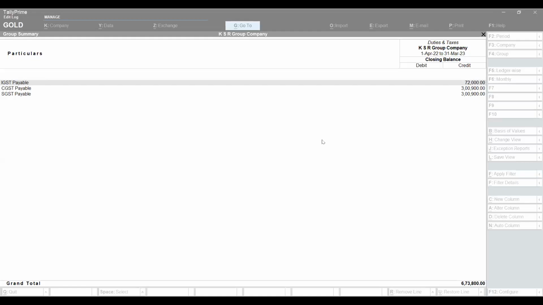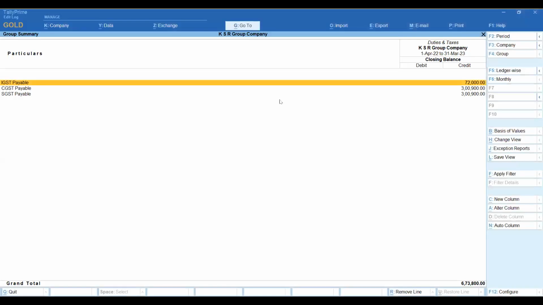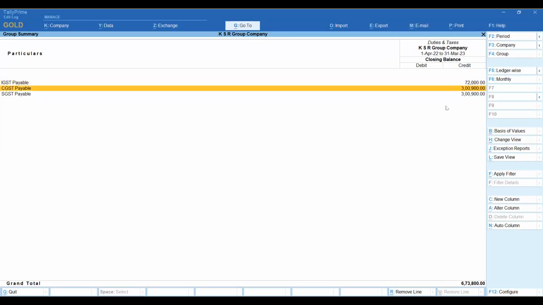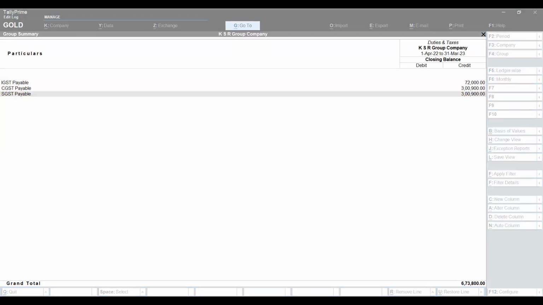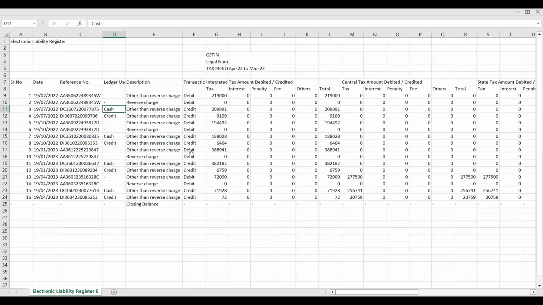In Tally, I hope you are able to see it. In March 2023, 72,000 IGST payable is outstanding, CGST 3,900,000 and SGST 3,900,000. If I go to the liability register, let us see what the outstanding is. On 19th April, what is debited?